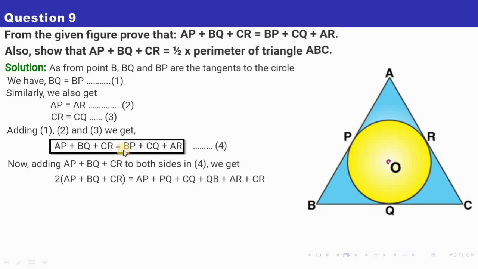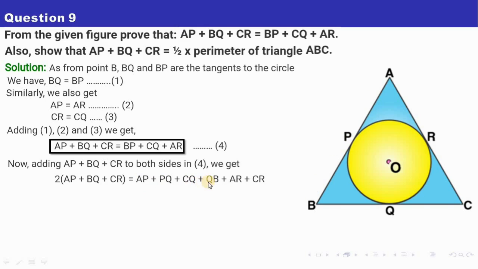Okay, similarly we have BQ plus CQ. All right, so CQ plus BQ, QB and BQ are both the same. And similarly we have CR and AR, both contain R. So we have CR and AR written together. Okay, so we have AP plus BP, I'm sorry. AP plus BP is what? So AP plus BP is AB, right?